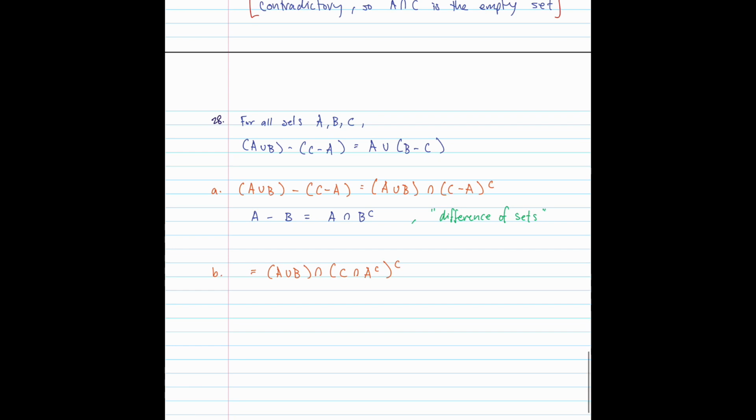They just did the difference of sets once again, where they turned C minus A into C intersection A complement, and that was already in a complement, so they kept the outer one. So this is once again difference of sets.